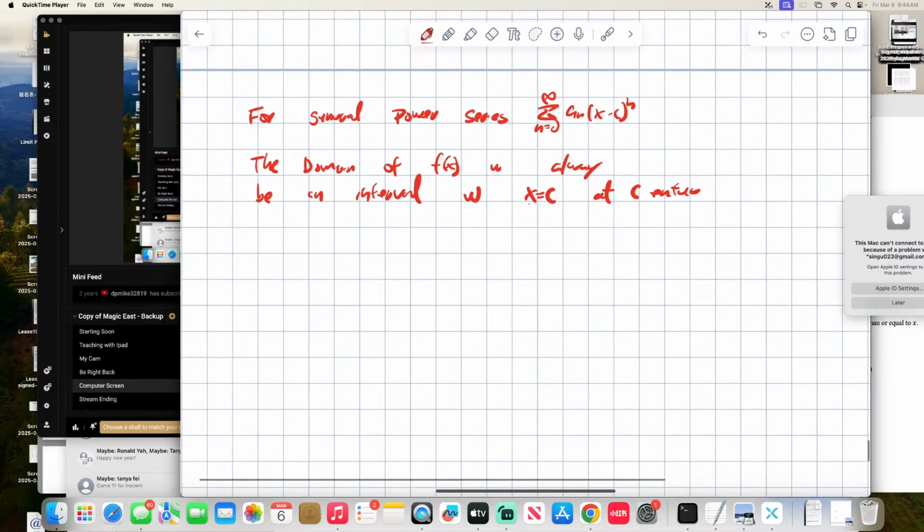Now we've got three situations here. One is a boring situation, situation A: it only works at x equal to c, which is pretty much useless. It only works at one point, and it doesn't work at any other points. If c is the center, then r equal to 0 here, because there's no radius.